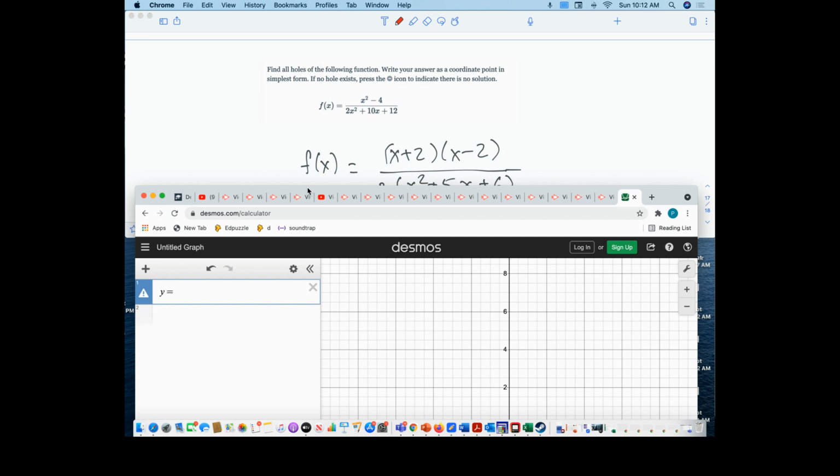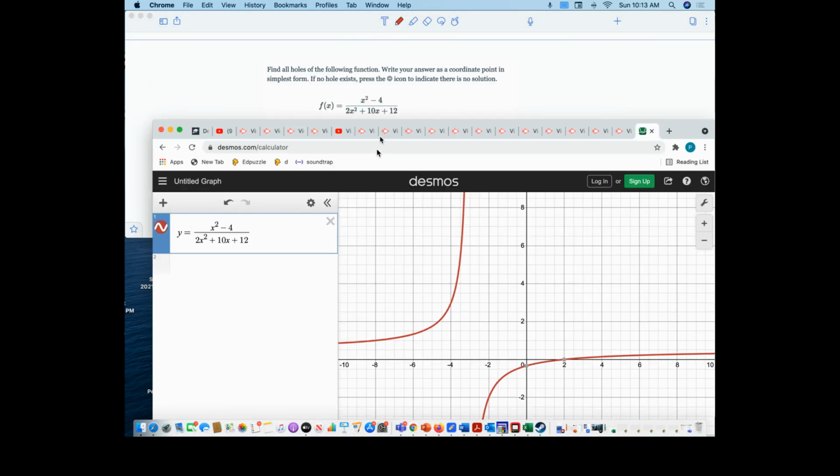No space. One second. So we have f of x, y doesn't really matter. x squared minus 4 over 2x squared plus 10x plus 12. Okay, so this is the original function, right? It looks like that.